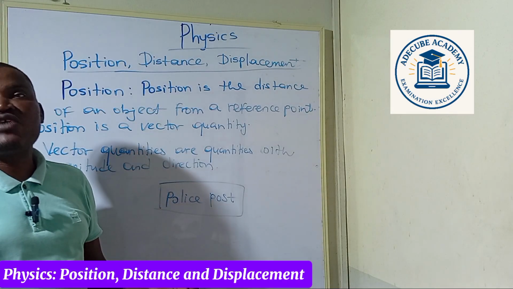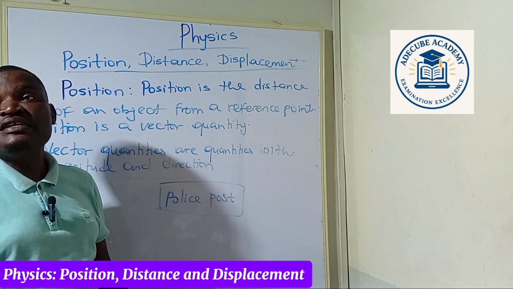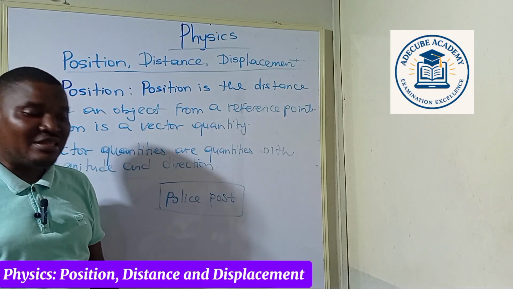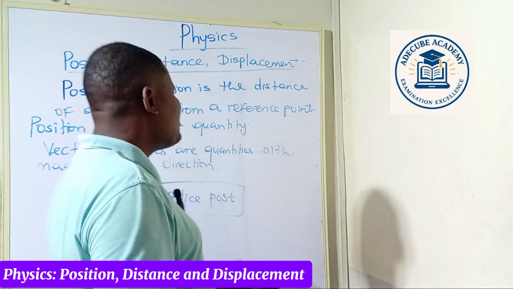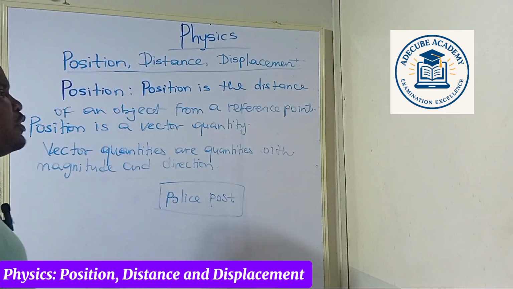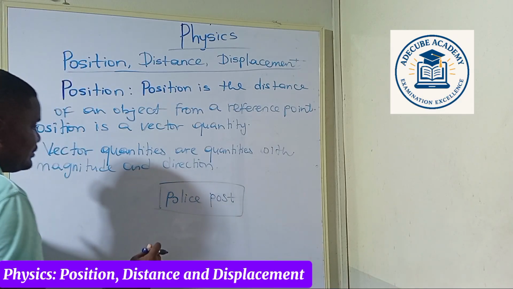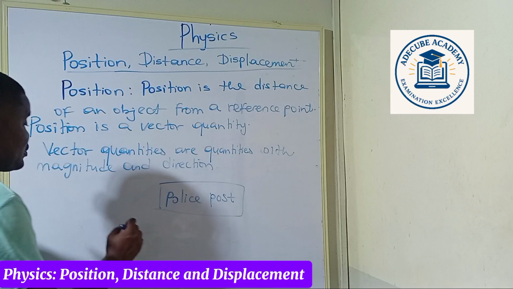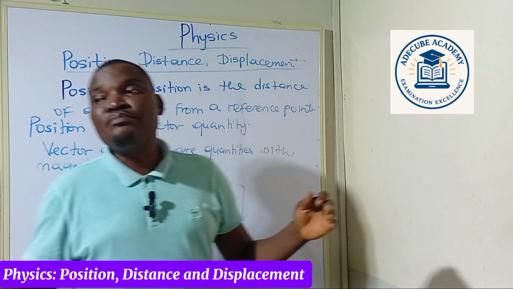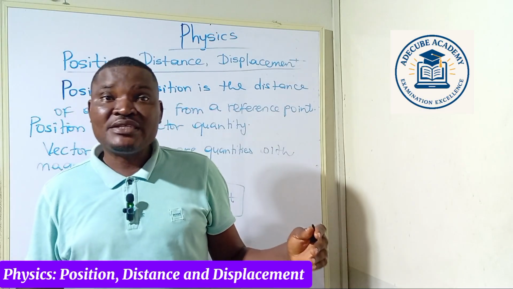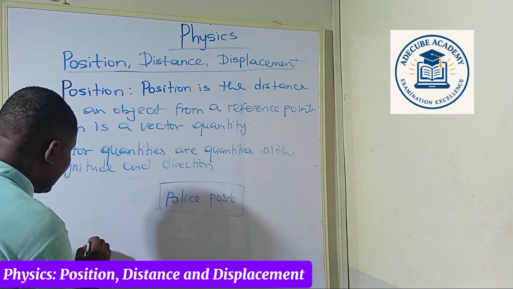I'm trying to describe where a school, a secondary school, is located. I'm describing it to somebody that the school is on the right of the police post. Now, this is my own right, while this is my left, and this is where the school is located.